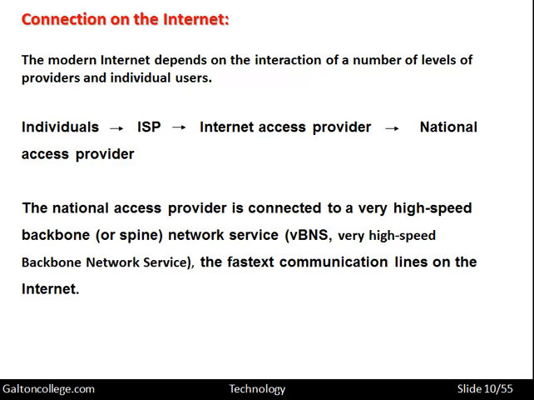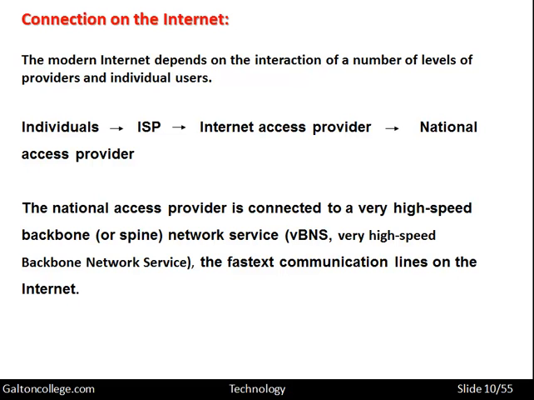The national access provider is connected to a very high speed backbone, sometimes known as the spine of the internet. This VBNS, the Very High Speed Backbone Network Service, I think this was introduced back in 1995.